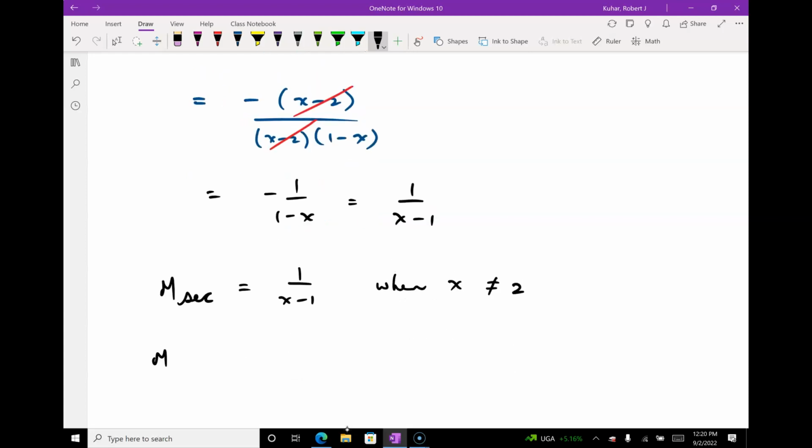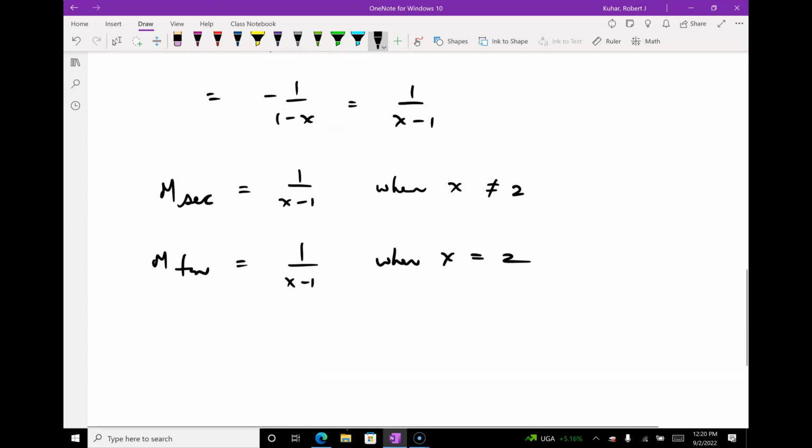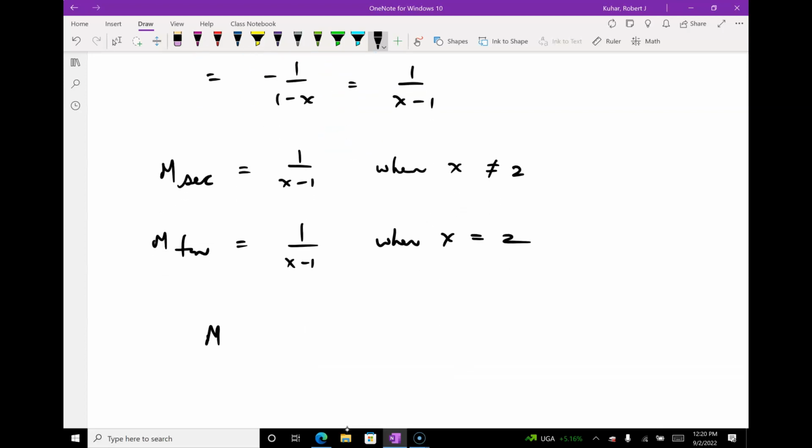It's the slope of the tangent function when x is 2. So the book wants you to do a bunch of secant slopes and try and predict the tangent slope, right? Everybody with me?